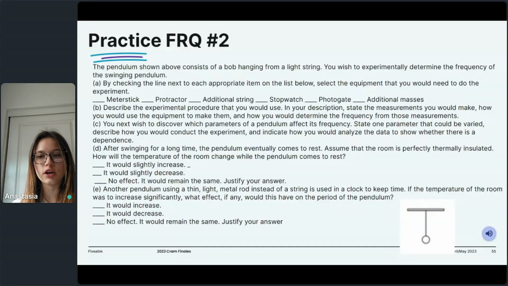When you guys are done, let me know in the chat, and then we will review that answer. Yes, you're going to choose one.